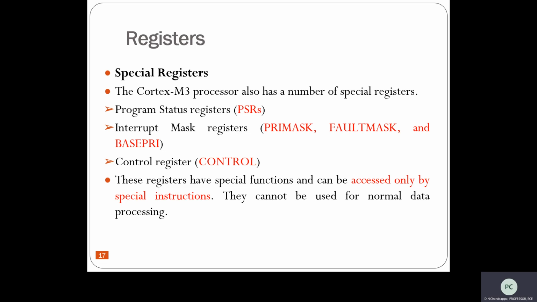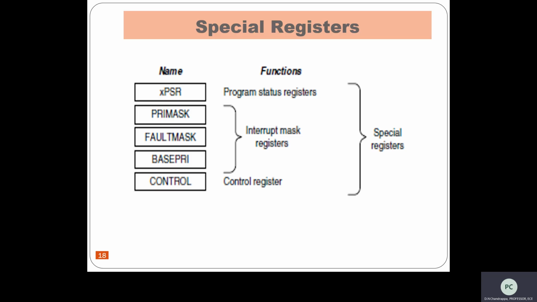First, the list of these three special registers: the program status register, the interrupt mask registers, and the control registers. Their representation in mnemonics is as follows. We express the program status register as XPSR. PRIMASK is one type of register from the interrupt mask registers, along with FAULTMASK and BASEPRI.